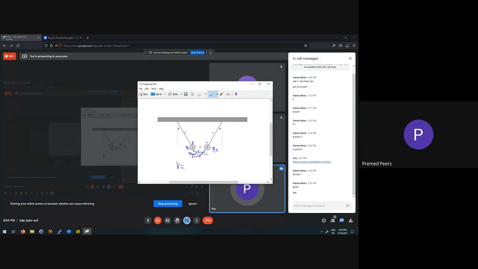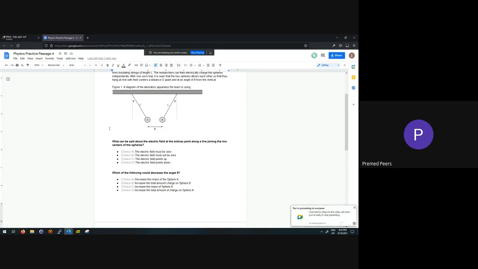So we do the kQ over r for both of these. So we do k times Q1 over d over 2. And then we do k Q2 over d over 2. That's our potential there. Now let's look at the answer choices.